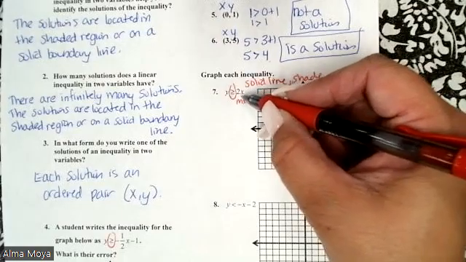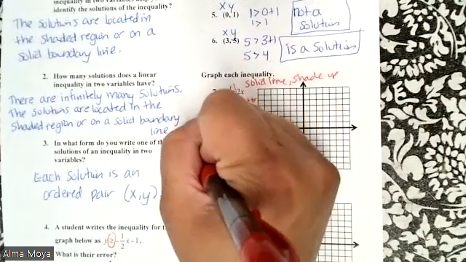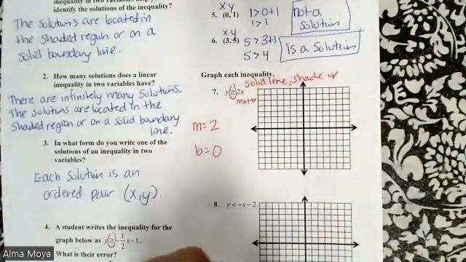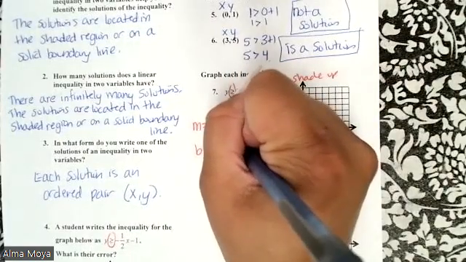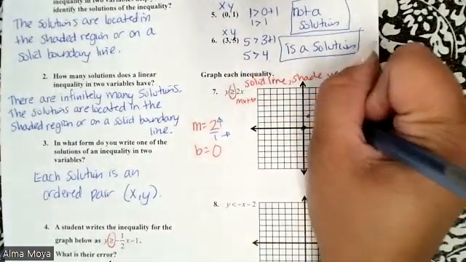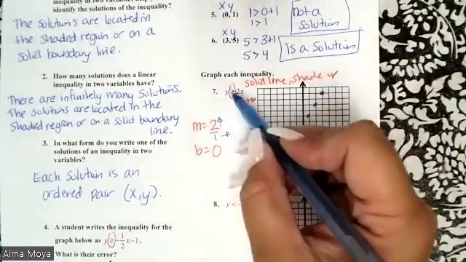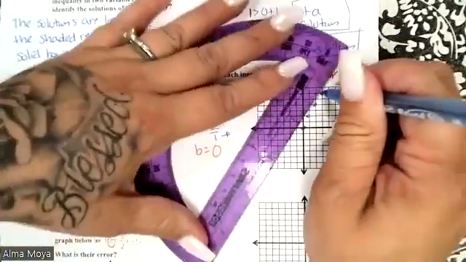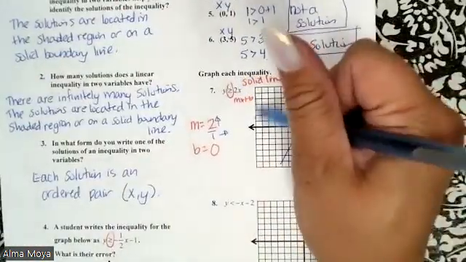The m is what's next to the x, so the m is going to be a 2. The y-intercept is at 0. M goes up 2 over 1, up 2 over 1. That is the solid line, and that is the shade up.